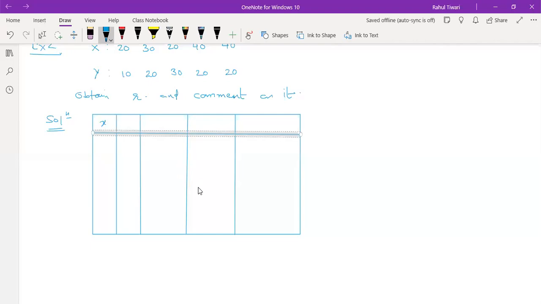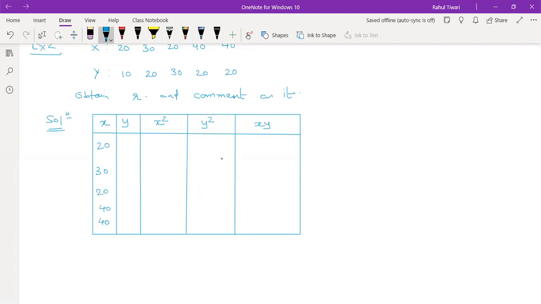Just take down X here, take down Y here, and calculate X square, Y square, and X into Y. So 20, 30, 20, 40, 40, and here we have a total.